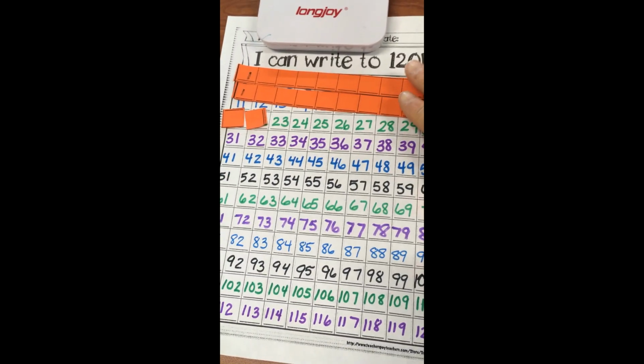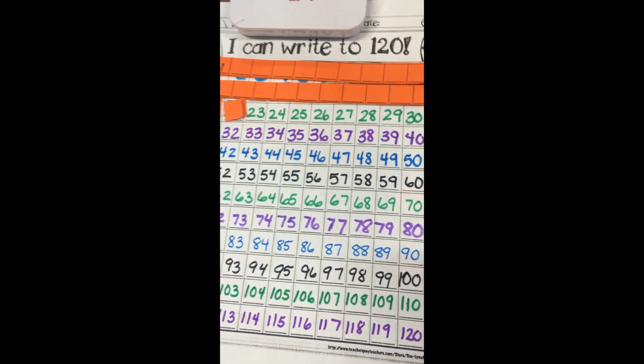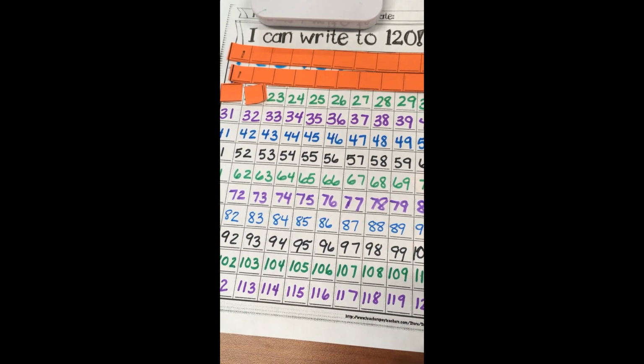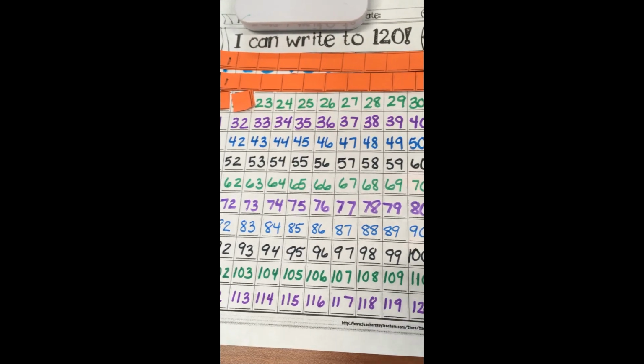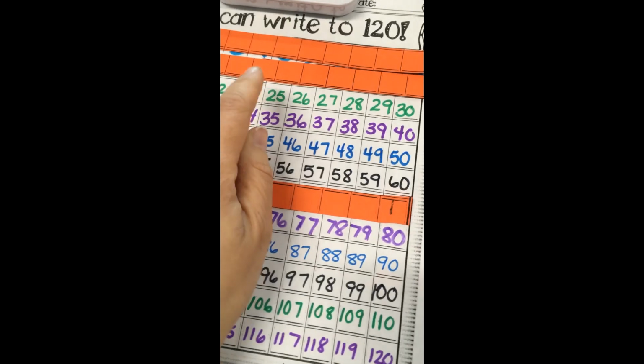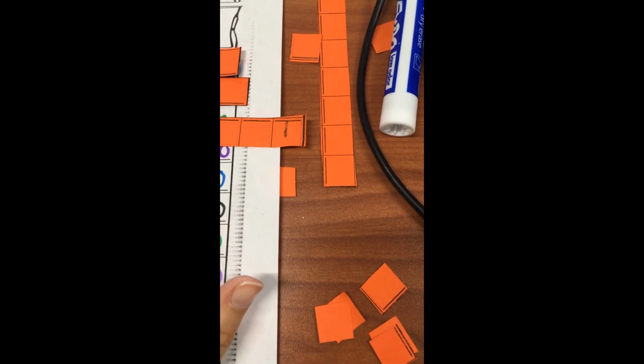Now, what if I were to ask you, what is 10 more than 22? Think about a way you can show that. You can pause the video here, or you can continue to follow along. If I say 10 more, that means I need to put in a whole other 10. Now, there's not room here. If I try to fit it on right here, it's just going to go off the edge.